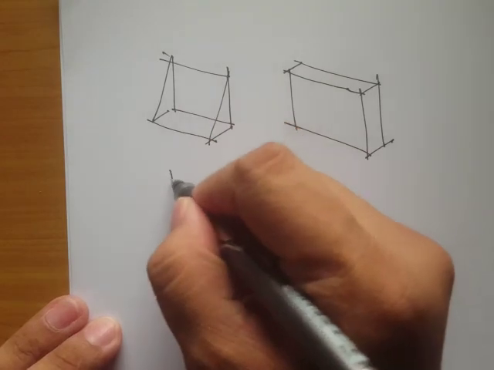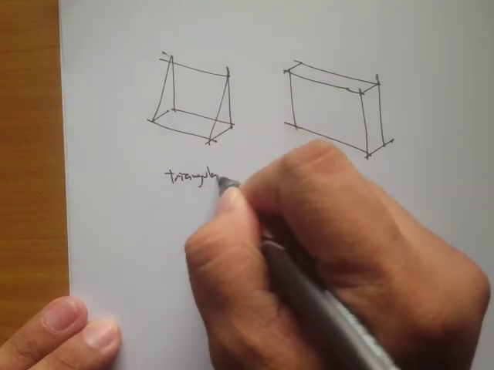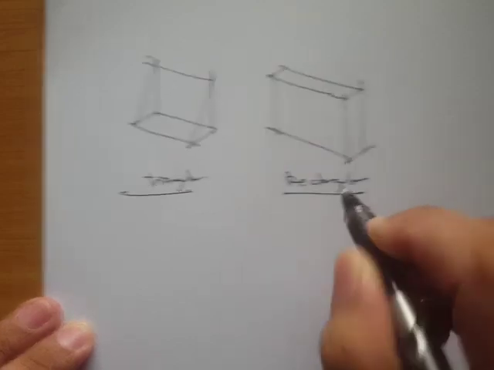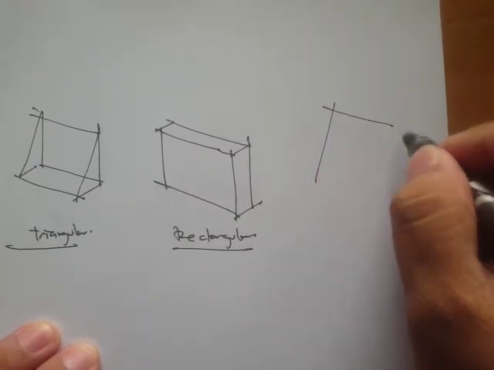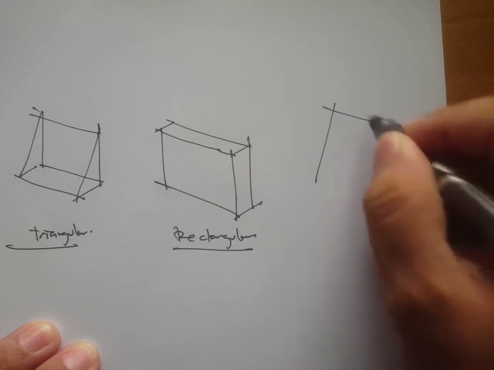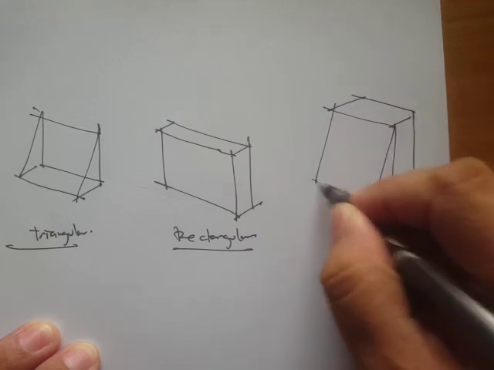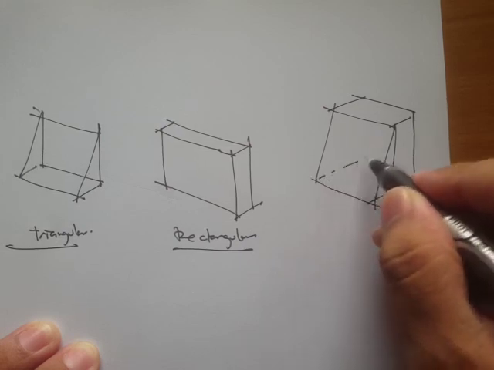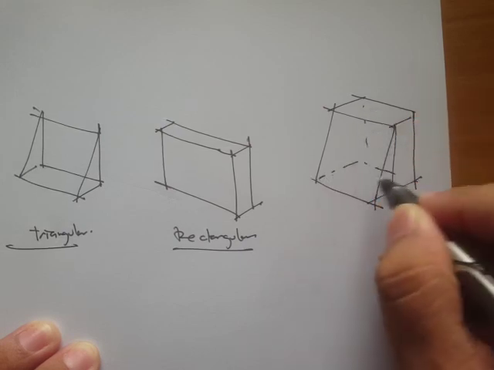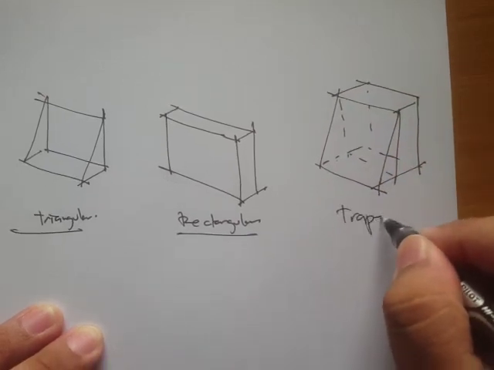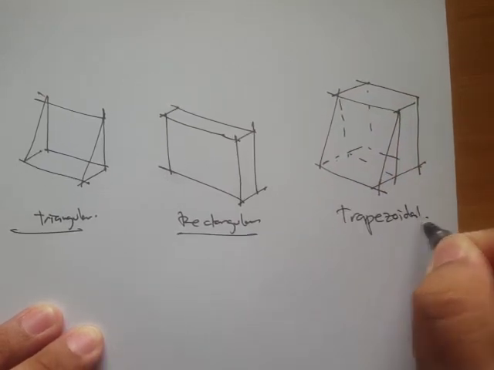Okay, so for this one, triangular, and this one is rectangular, and as I have also said, it is possible to have a combination of the two. Okay, so this is what we call the trapezoidal.